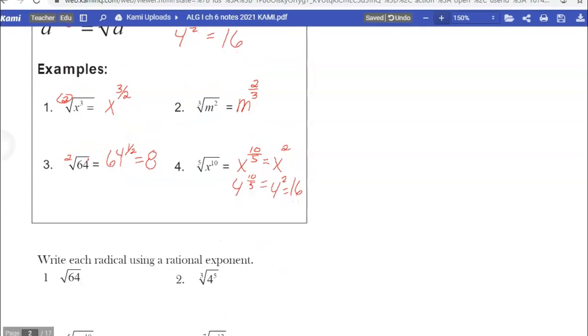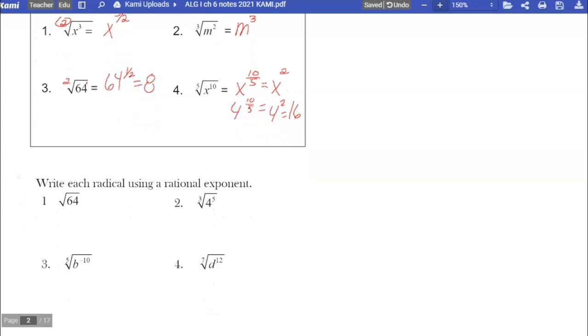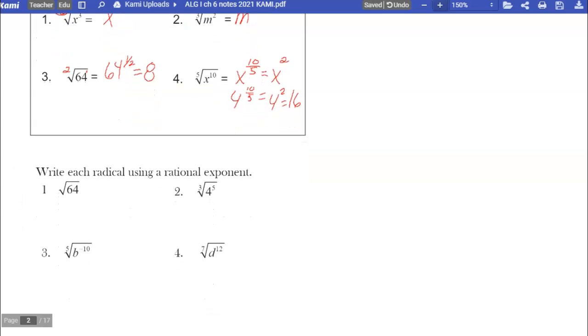So a couple more examples here. Alright, write each radical using a rational exponent. In this case, we already did this one up top, but this is 64 to the 1/2. Like I said, that one would simplify to 8.